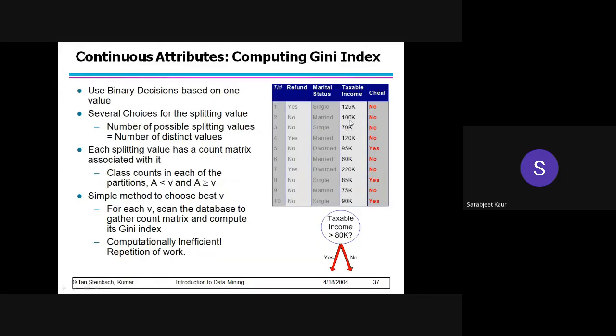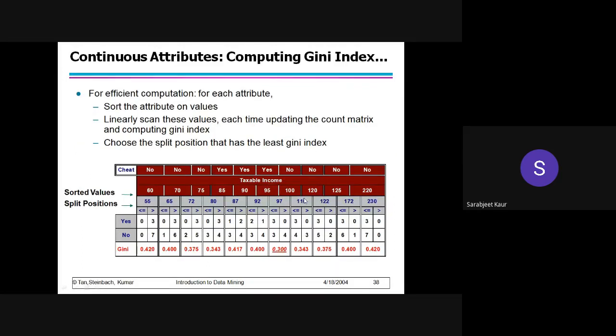Then 100K no, 100K no. Greater than 97, we come here and we increase the count by 1. So this is how we get yes, no, yes, no. This is how we get the counts, and then we apply our normal formula.